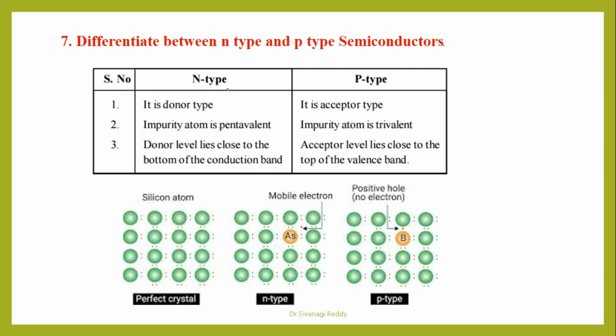Whenever we take a pure semiconductor and dope it with a trivalent impurity, we will get a P-type semiconductor where holes are the majority. The donor level lies close to the bottom of the conduction band, and the acceptor level lies close to the top of the valence band. The images below show the perfect crystal, N-type and P-type, where As and B are impurities added to the system, and the double dots are electrons.